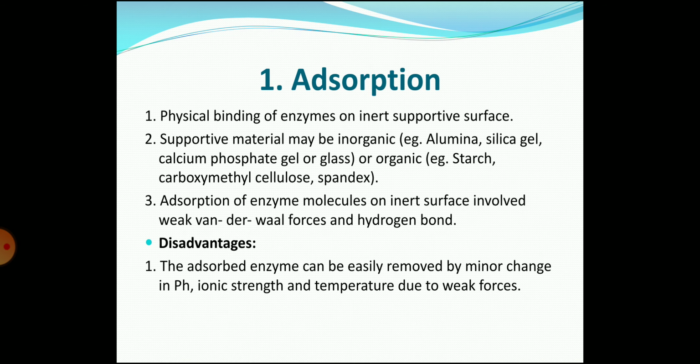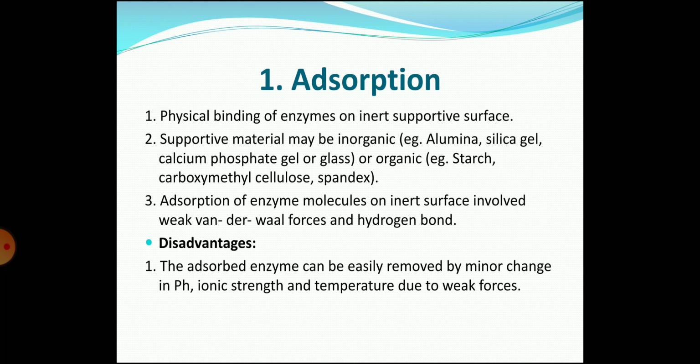Now we will begin with adsorption. What happens in adsorption? Physical binding of enzyme on inert supportive material. This inert supportive material may be inorganic, that is alumina, silica gel, calcium phosphate gel or glass, or organic like starch, carboxymethyl cellulose and Sephadex.